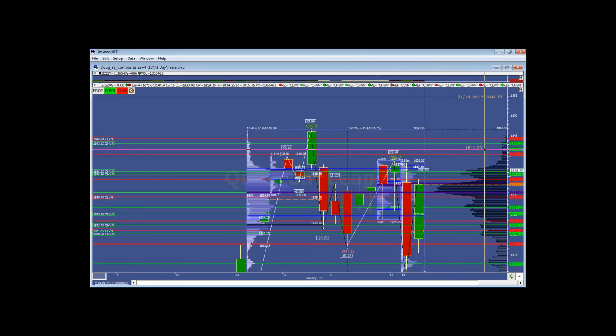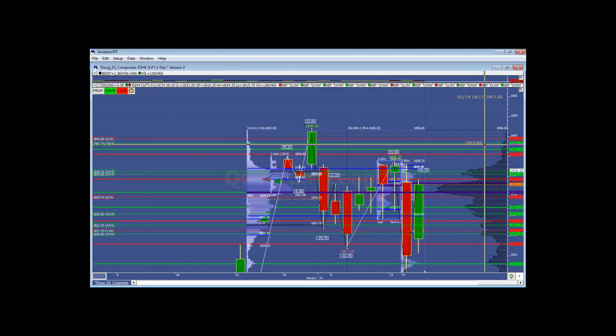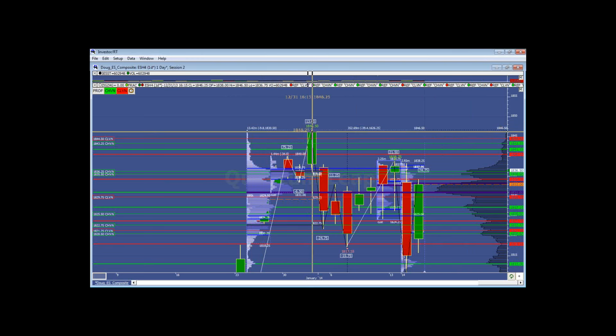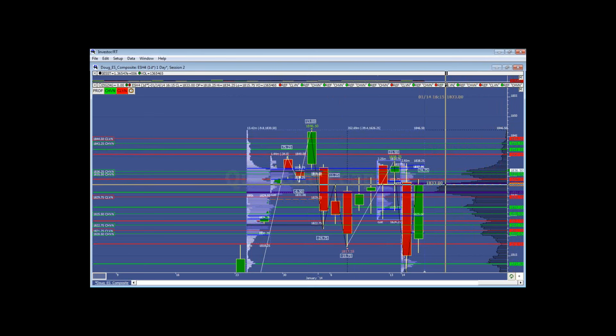There's a naked VPOC right there, and then a push through to that 42.50, 43.25, but the big number above is the naked gap close at 46.25 and the all-time high up here at 46.50.